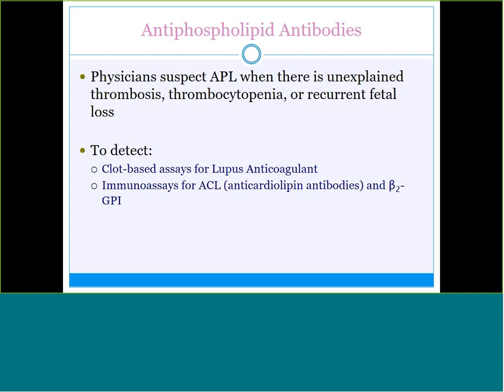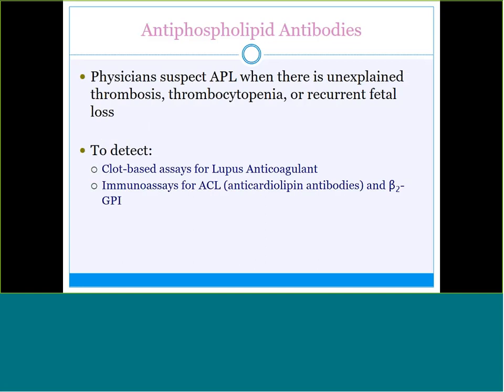So we would suspect an antiphospholipid antibody when all of a sudden there's just unexplained clotting happening, or low platelet counts, which means the platelets are all being used up in that clot and we have fewer available. So there are different tests that we can run. One of the most common antibodies that we see that does this is called the lupus anticoagulant.